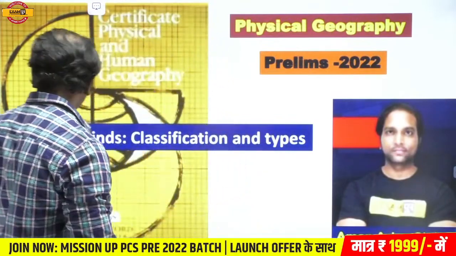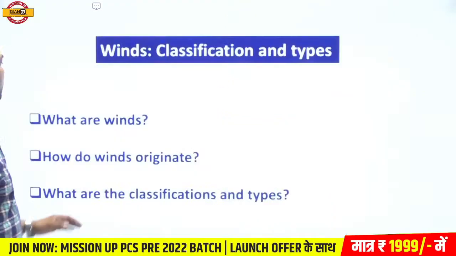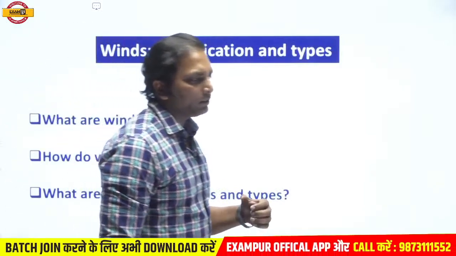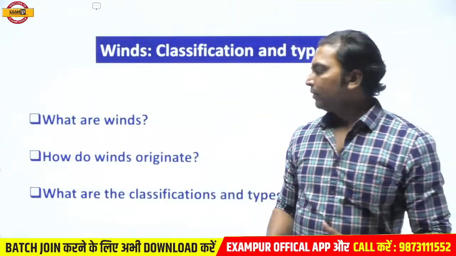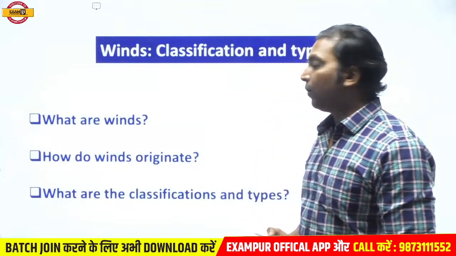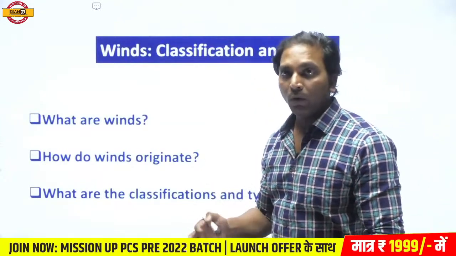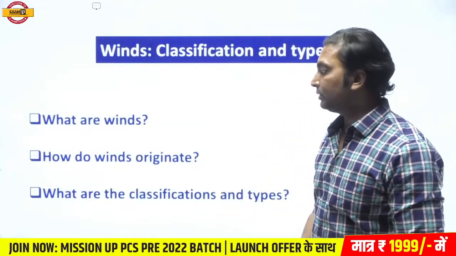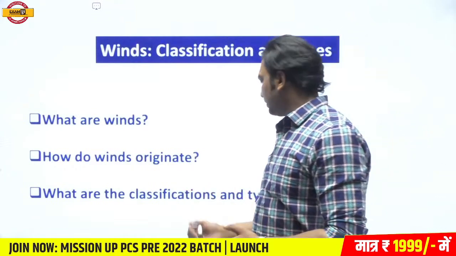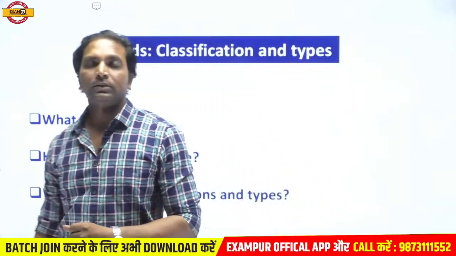So first of all, we are going to discuss what are the winds, then how do winds originate, how the winds blow, we will get this knowledge, and then we are coming to the classification and the types of the winds.